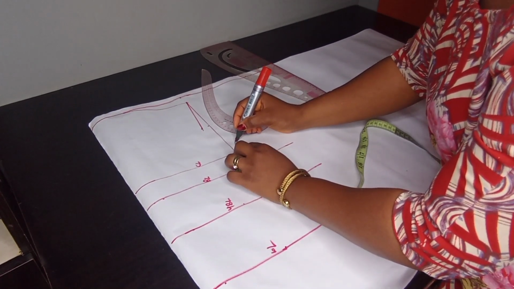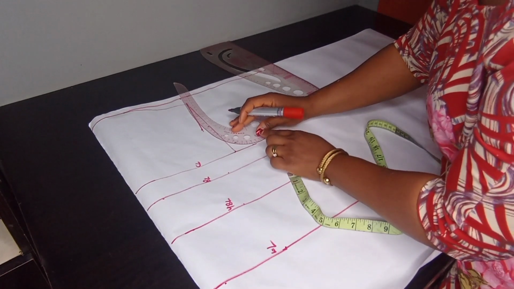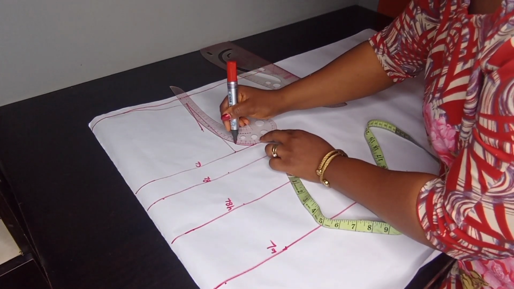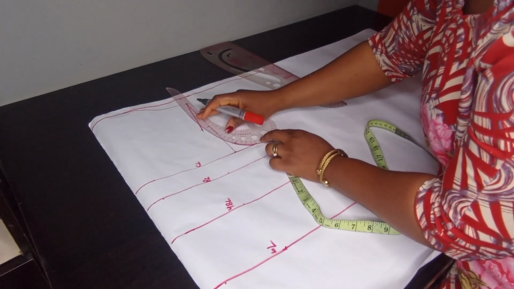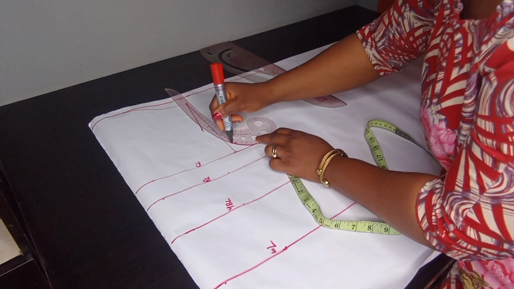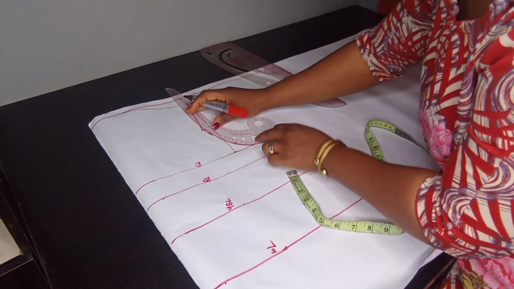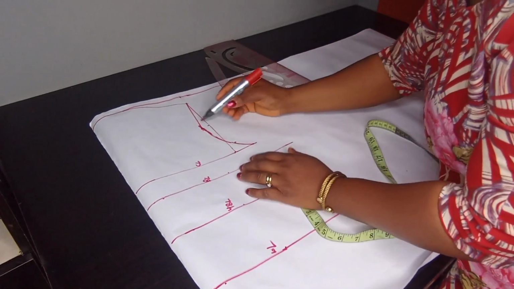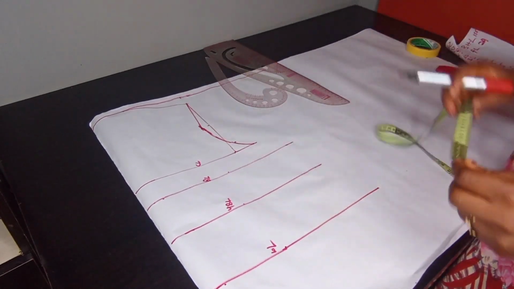So I'm just going to connect this 1 inch here. Okay, so this is my armhole line.